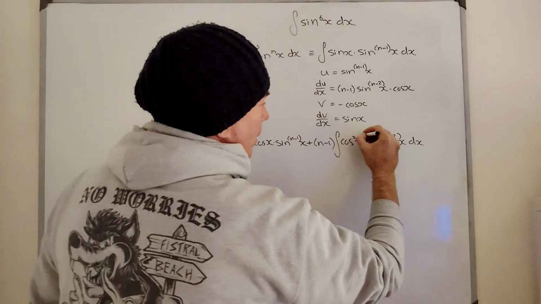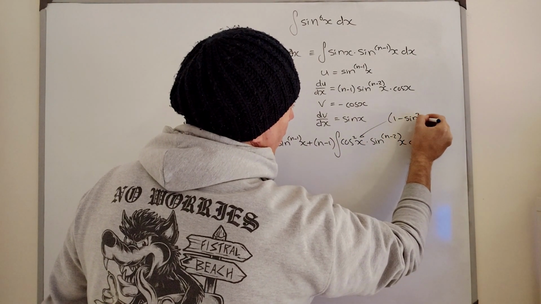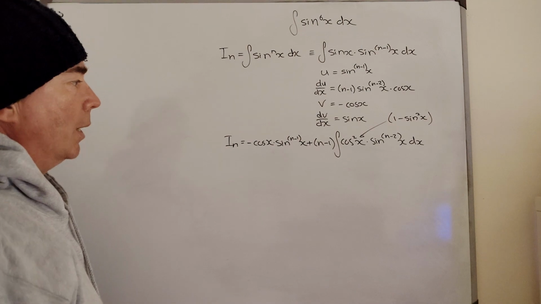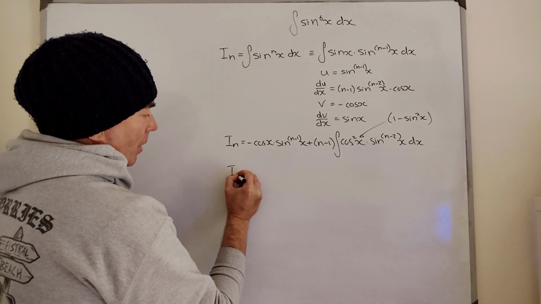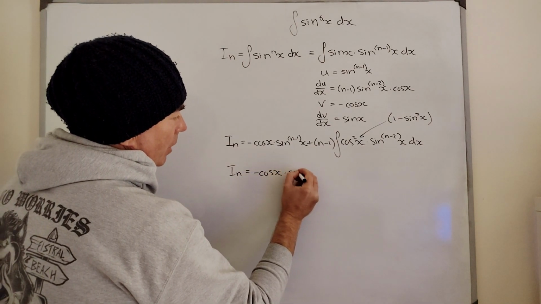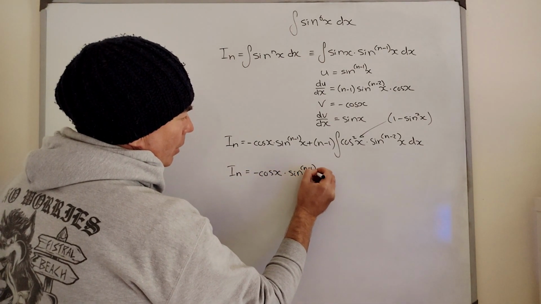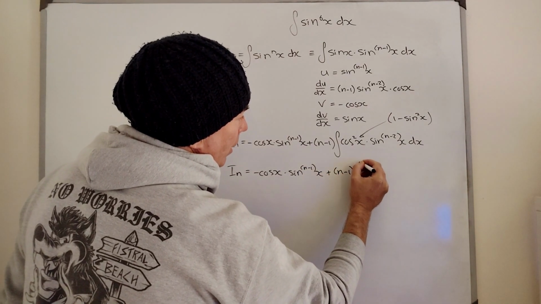Now we're going to substitute 1 minus sine^2 x in place of our cos^2 x, and see what happens. So our integral now becomes equal to negative cos x times sine^(n-1) x plus (n-1) times the integral.